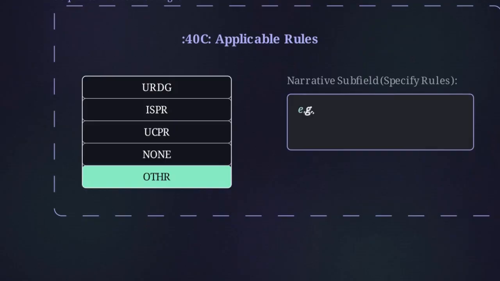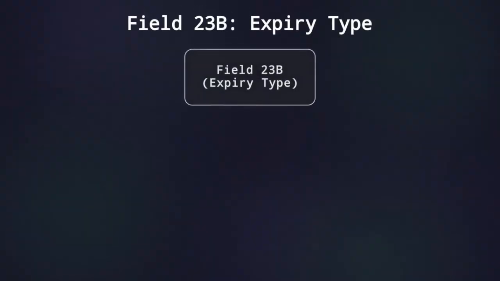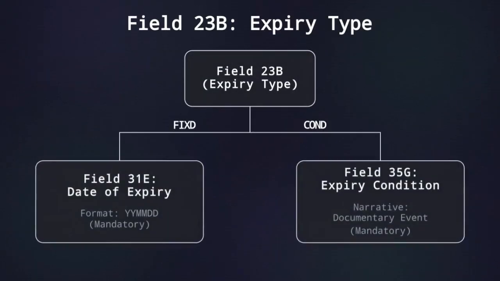If OTHR is selected, the specific rules must be described in a narrative subfield. These opening fields in Sequence B serve as a logic gate, ensuring that the following data fields remain consistent with international trade practice.